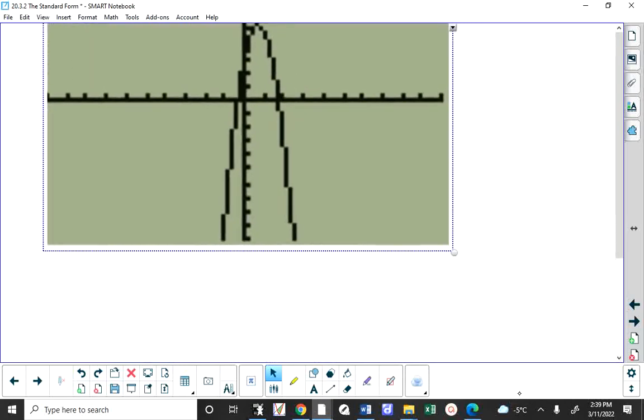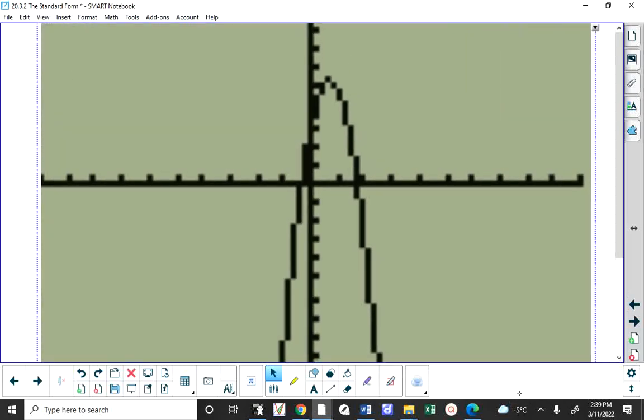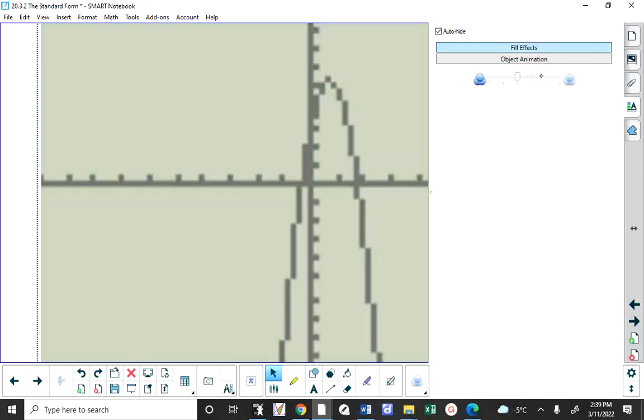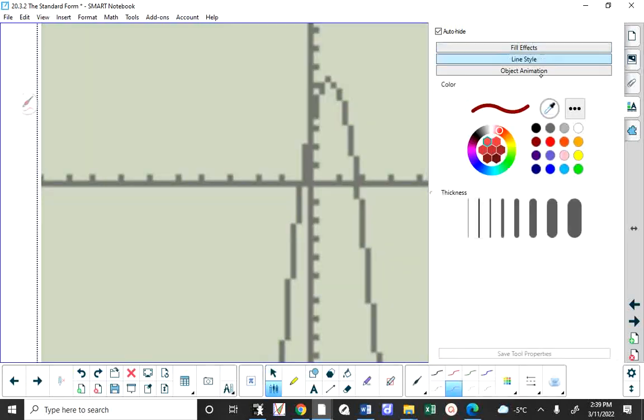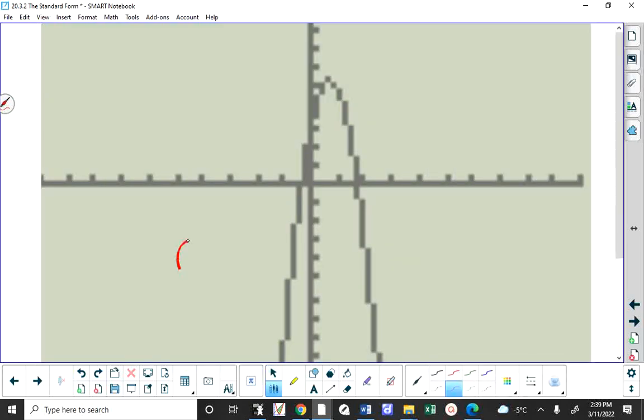Does the graph exist in this quadrant? Does the graph exist in quadrant 3? No, it does not. And it doesn't exist in quadrant 2 because x is time and time can't be negative.